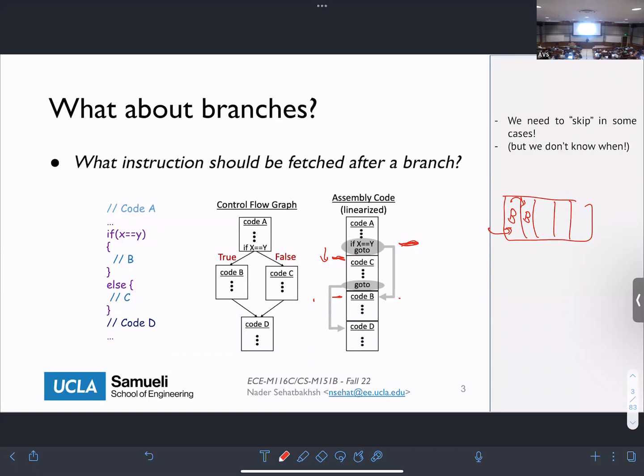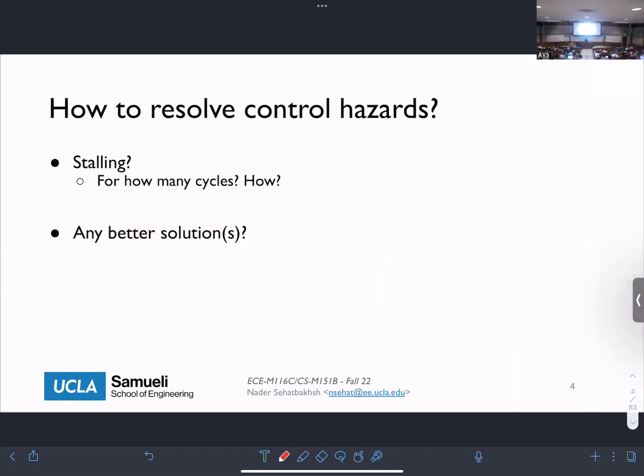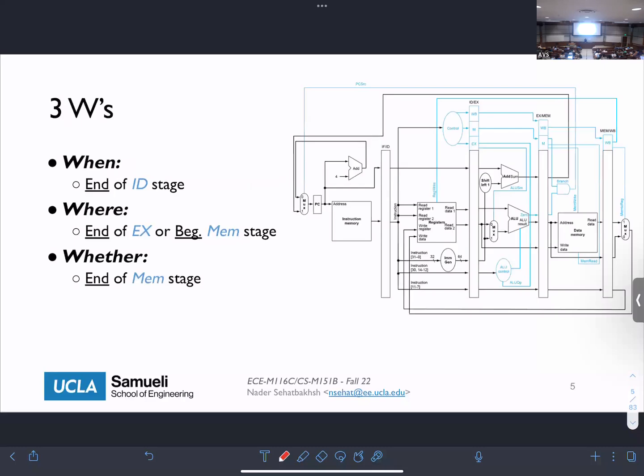And we started thinking about, okay, how do we solve this? The first thing was, same as RAW data hazards, we can stall the processor. And we talked about how many cycles we need to stall the processor.